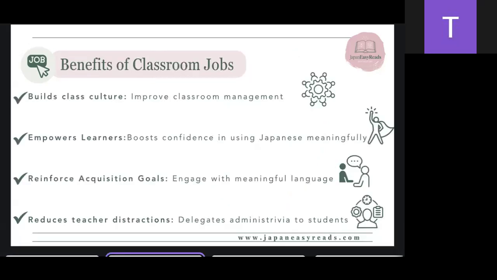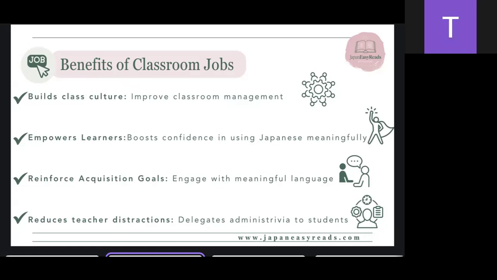So just a little bit of a recap. The benefits of student jobs in the classroom, there's so many, but I guess it boils down to 4 main points. So it builds class culture and cooperation and shared responsibility, and also helps to improve classroom management.